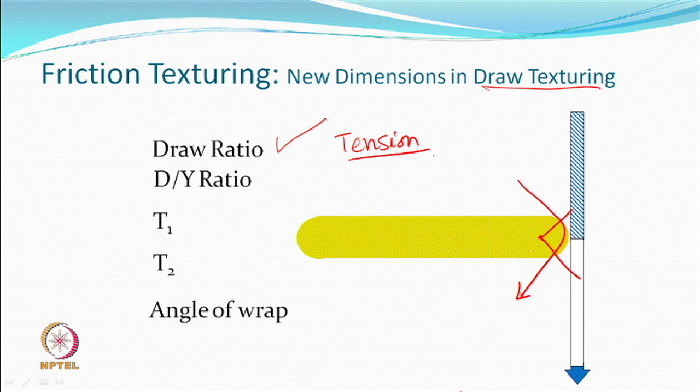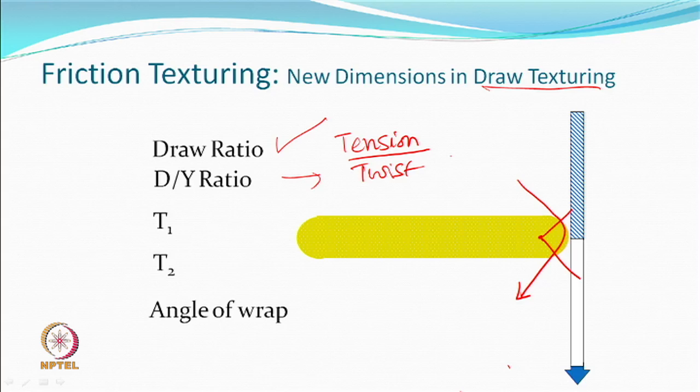The D by Y ratio will be related to twist, but as we said, we do not know the actual value of twist, but we can talk definitely about how fast the yarn is moving over the disc which is also rotating at a particular speed. So, there is a control there in the two, and therefore, we talk about ratios. We would then have an interesting role played by the tension.